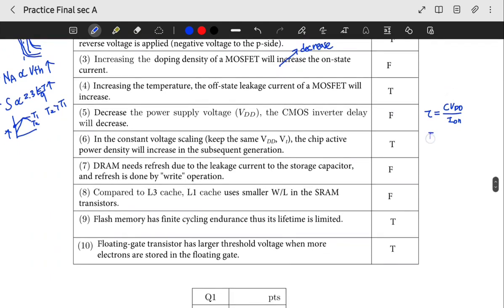And Ion in the saturation region goes as (VDD minus VT) squared. So on the bottom we have C over VDD, and if VDD squared is cancelled out with the VDD, then as we decrease the VDD, it will increase the delay. So the delay should be increased, and so the answer is false.